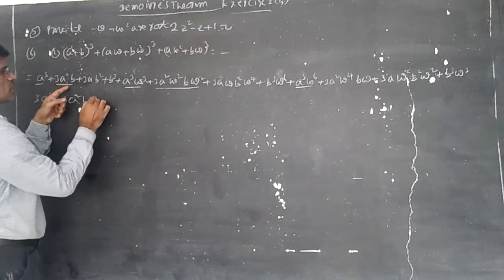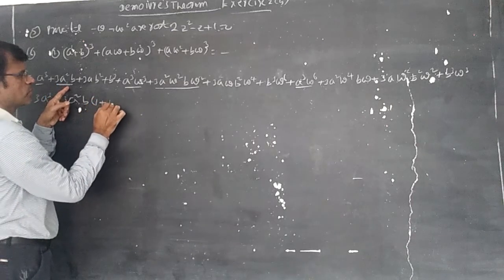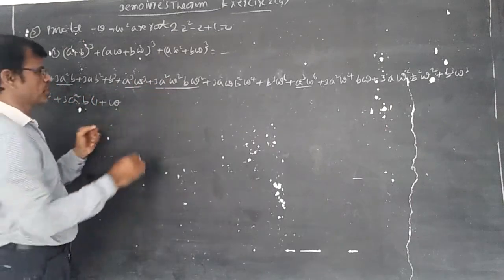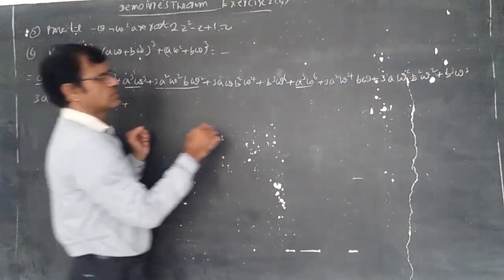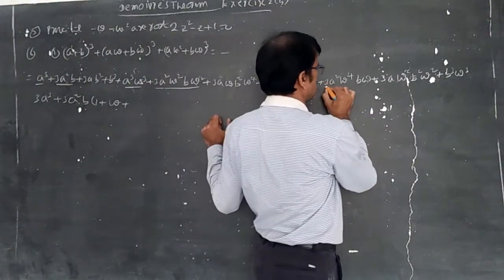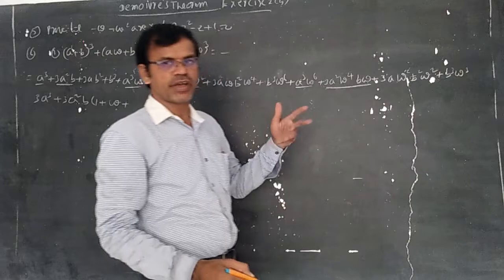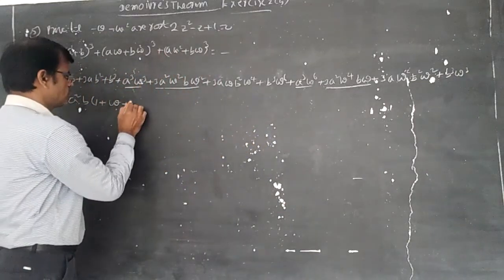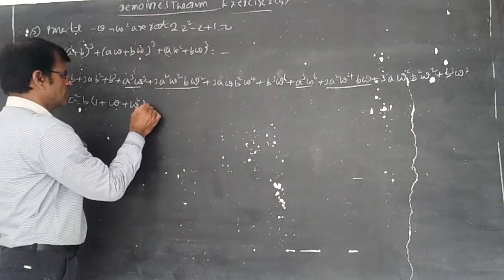So this is 3a cube plus, taking common 3a square b, 1 plus omega power 4 becomes omega, and in the similar way this is 3a square b omega power 5, omega power 5 becomes omega square.